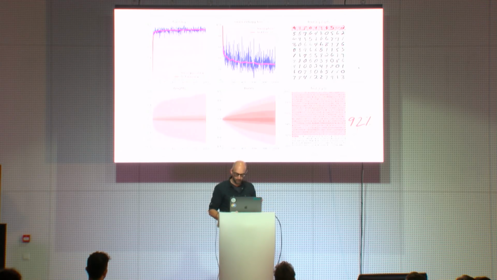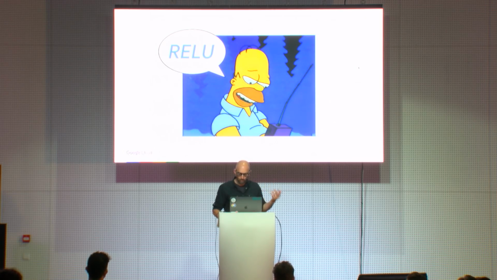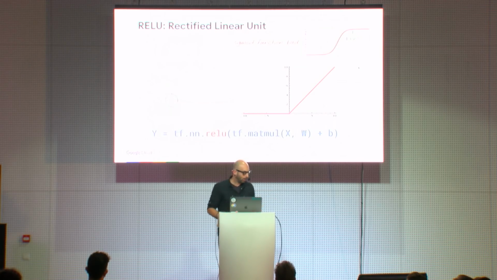Scientists have researched this for many years throughout machine learning, and they've come up with an idea called ReLU, or Rectified Linear Unit. I've peppered a few Simpsons references in here. I hope you don't mind. This is something researchers, for some reason, are very excited about discovering, even though it looks drastically simple.